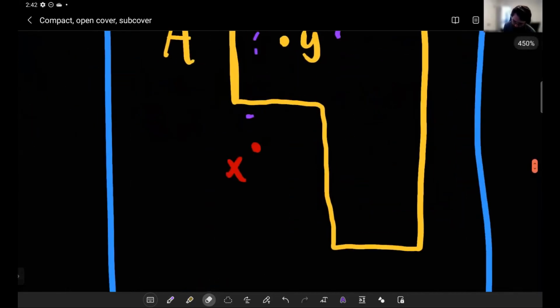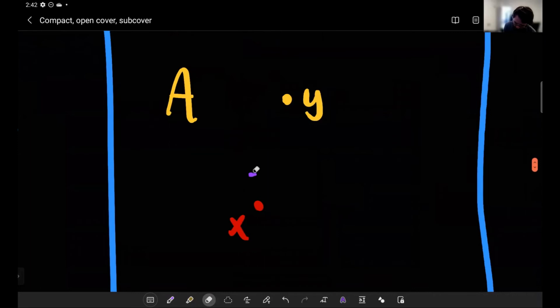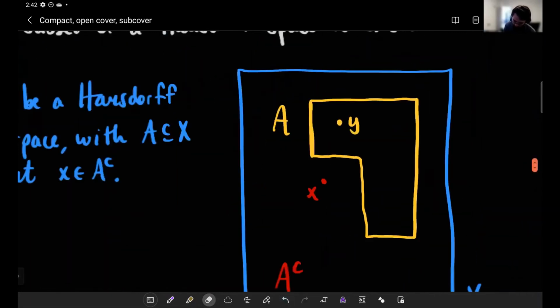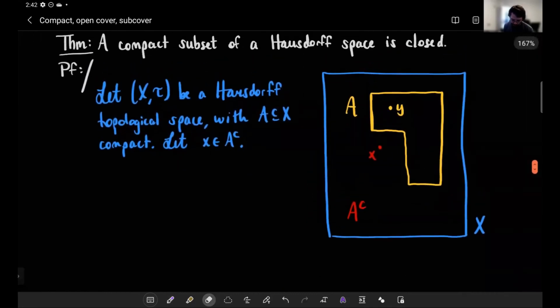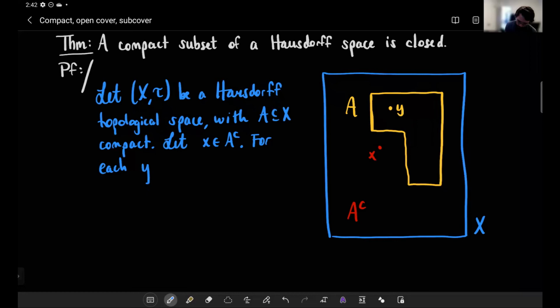I'm just going to zoom in and erase the bits here. Okay, so let X be in the complement. And I'll say for each Y in my set A, I'm going to call them u sub y and v sub y instead of u and v, because they're really depending on y, right?